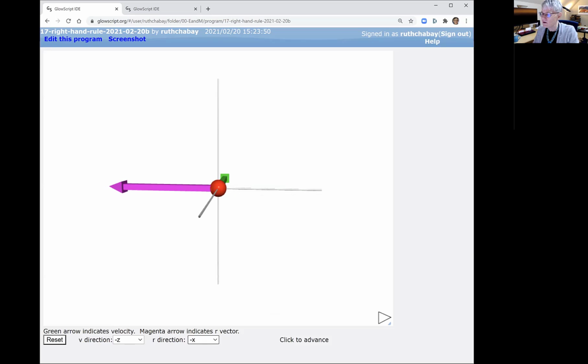And so what will be the direction of the magnetic field due to this moving proton: plus x, plus y, plus z, minus z? Okay, we have an overwhelming vote for plus y.